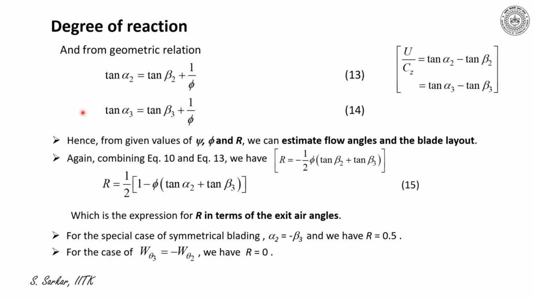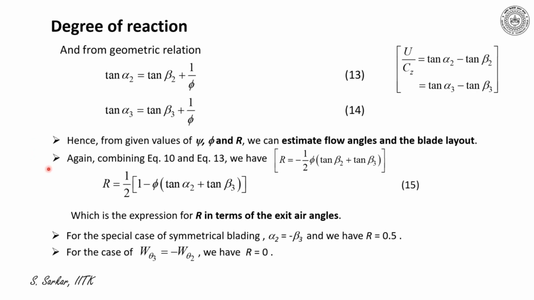And similarly, tan alpha 3 is equal to tan beta 3 plus 1 by phi, which is denoted by equation number 14. Hence, from the given relation of psi, phi, and r, we can estimate the flow angles and the blade layout.